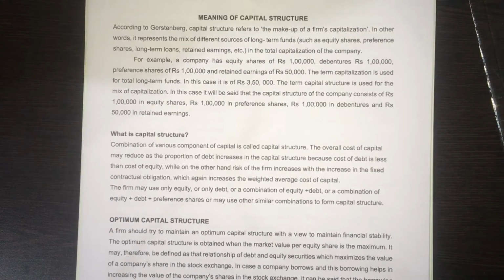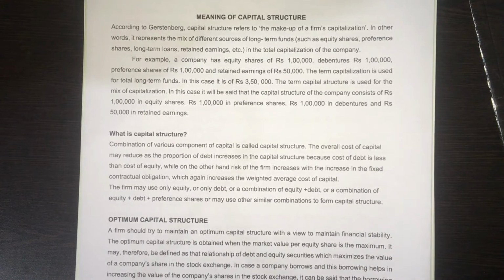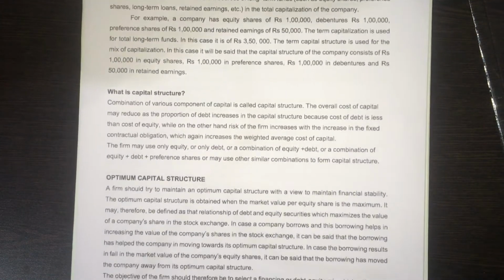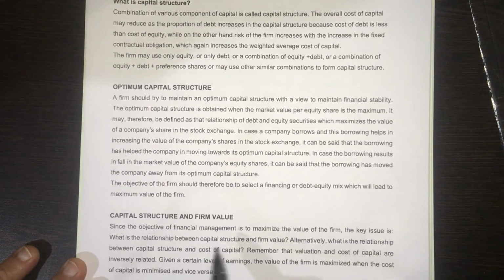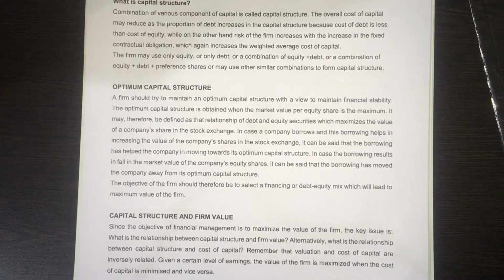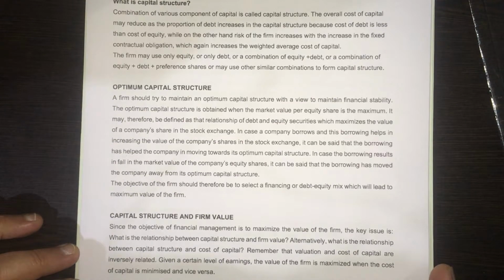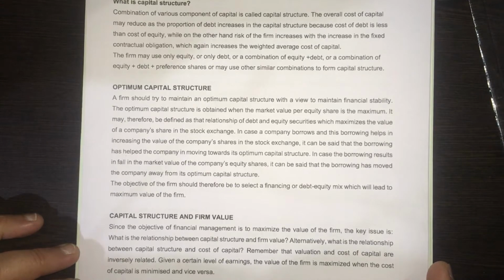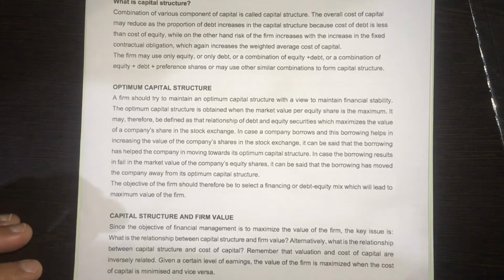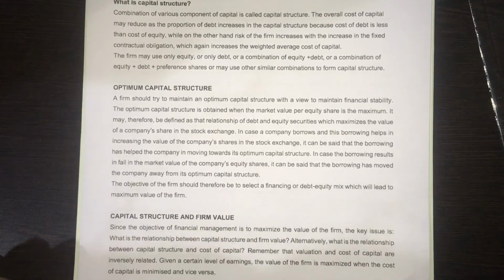Now, what is the relationship between capital structure and firm value? Since the objective of any firm in financial management is to maximize the value of the firm by maximizing shareholders' value, the capital structure here is very important. If you have an optimum capital structure, it means the firm is able to maximize the value of the firm as well as minimize the cost of capital.